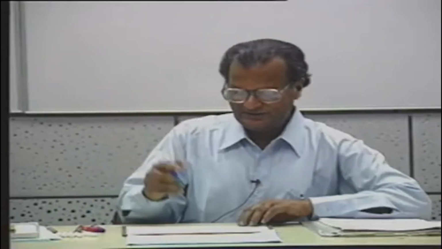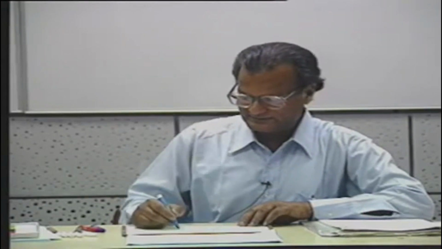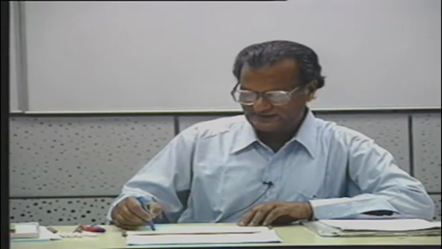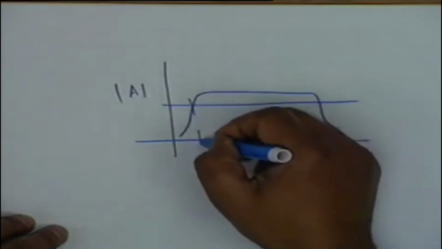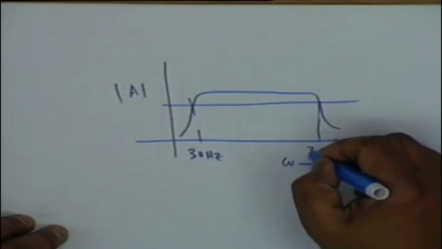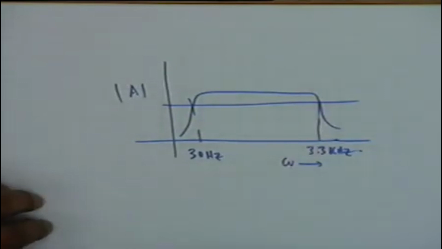On the other hand, if you have an amplifier whose gain is sensitive to frequency, as I had said, for an audio stage it is like this. Okay, now suppose the 3 dB points are 30 Hertz to, let's say, 3.3 kilohertz, as is used in reproduction of speech signals.